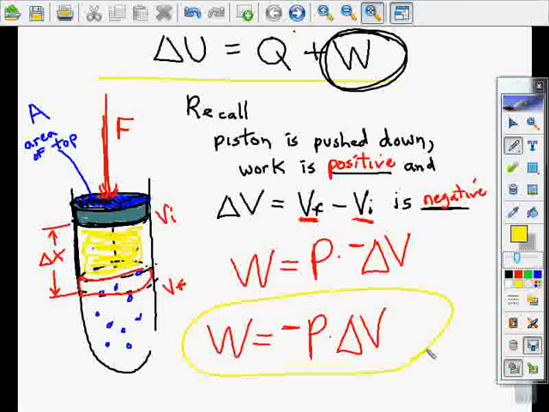You can kind of recognize force times distance. It's in there, but now it's pressure times volume.